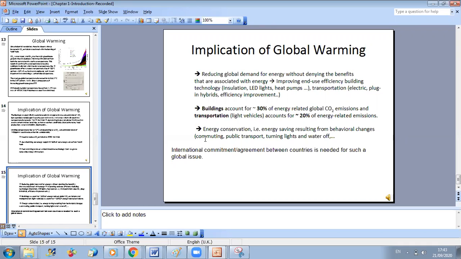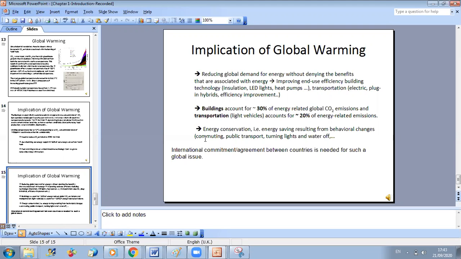This is why, for example, we were trying in transportation to rely on electric vehicles or vehicles that can work using free energy. Energy conservation and energy saving resulting from behavioral changes are also possible.